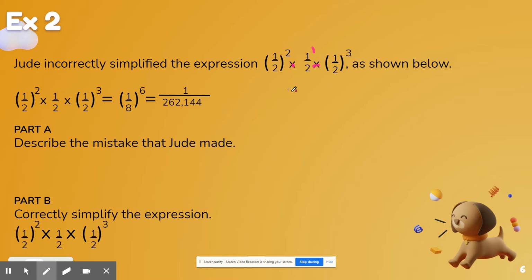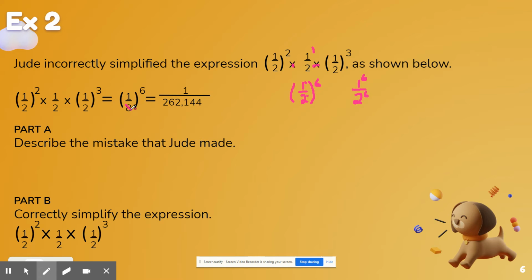So what we should have done is we should have kept the base, and then we should have added the exponents. So 2 plus 1 plus 3 would make this 1/2 to the 6th. And then each one of these have a 1. So this is actually 1 to the 6th over 2 to the 6th.